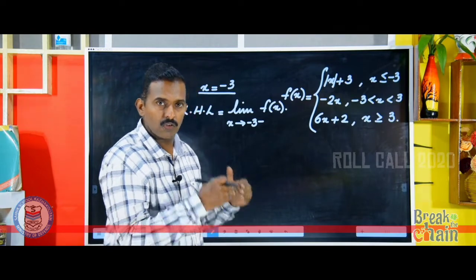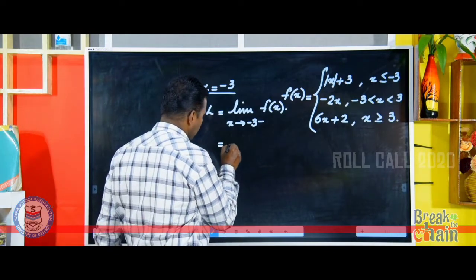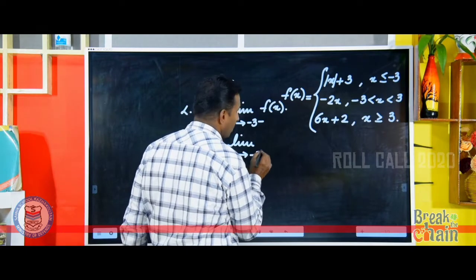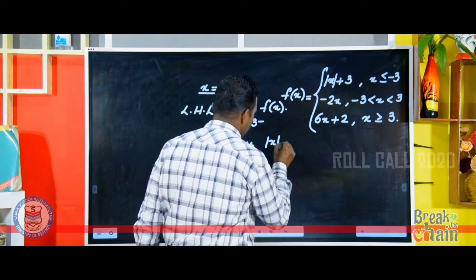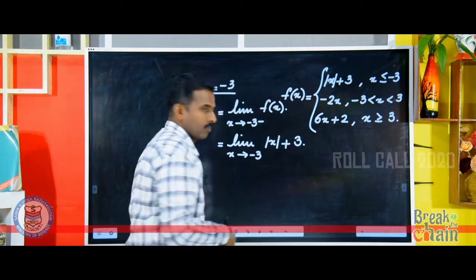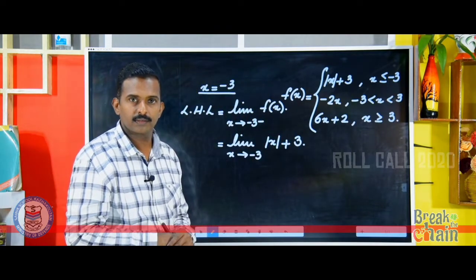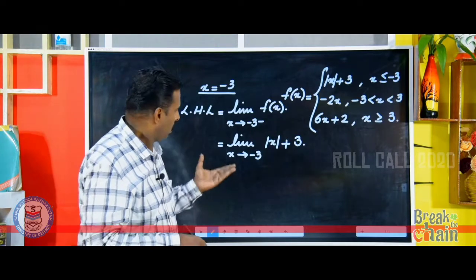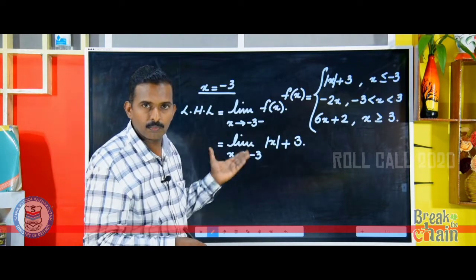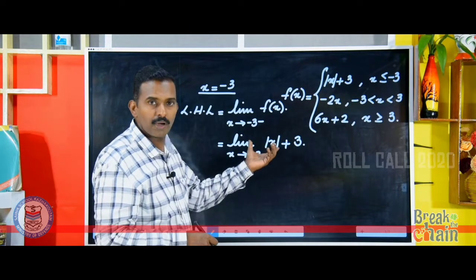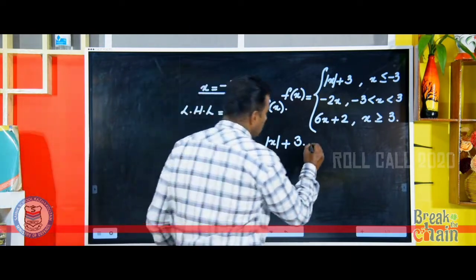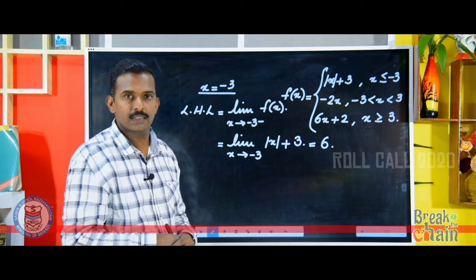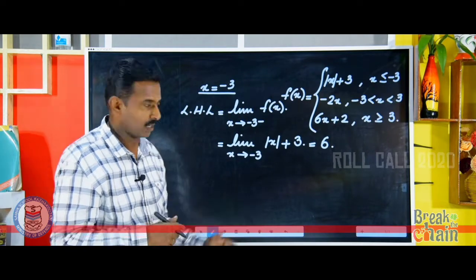Therefore, if you rewrite it, it will change like this, because -3 minus is less than -3. Direct substitution, -3 substituted, modulus of -3 plus 3 is 6. Therefore, LHL is 6.